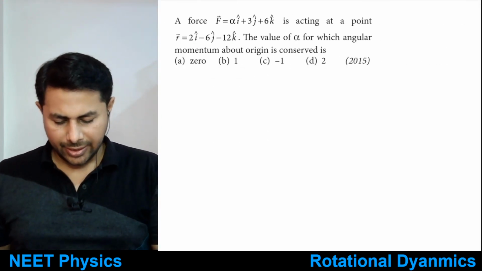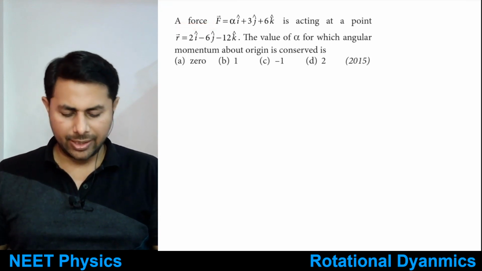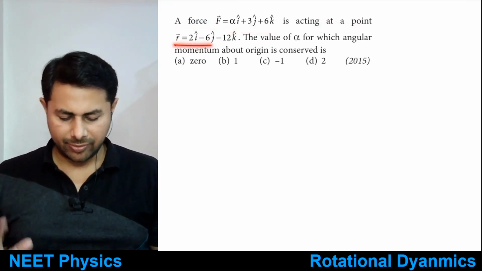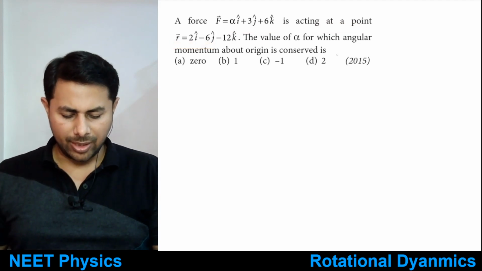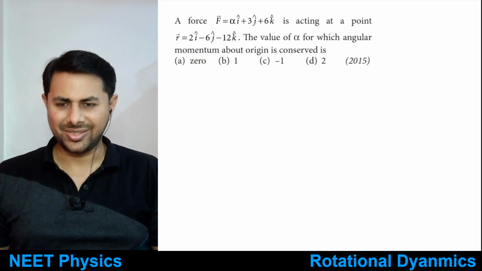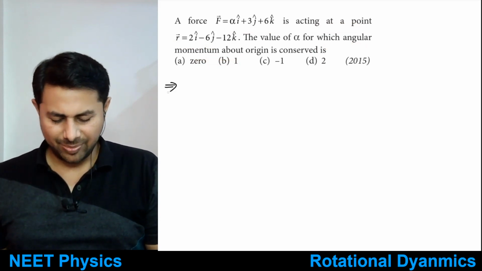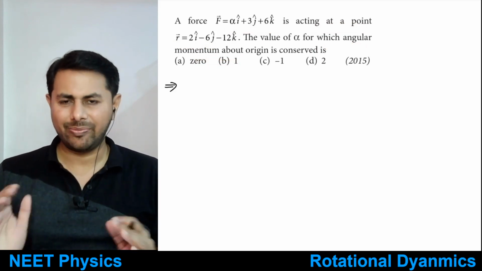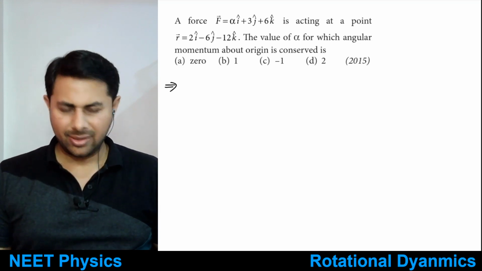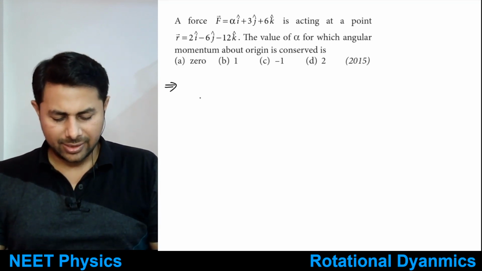Okay, next one. A force F bar is acting on a point R bar, and the value of alpha for which the angular momentum about the origin is conserved is asked. Very simple. Angular momentum is conserved means what?